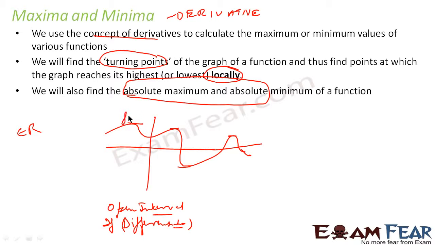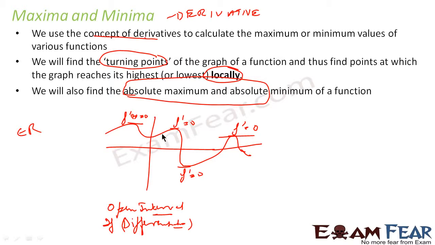Why? Because at all these points, if you see, my slope is 0. So the local maxima and minima in such a case will be at the turning points only. At the turning point, the slope is 0.